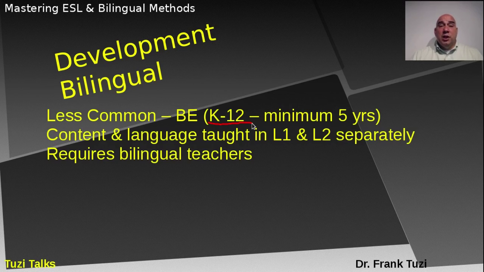Students learn in both languages separately, but throughout their whole tenure. So they're learning content and language. Basically, they're learning the same as in a non-bilingual school, but in 2 languages. By the time they're done, they are fully bilingual in both languages. It does require bilingual teachers.